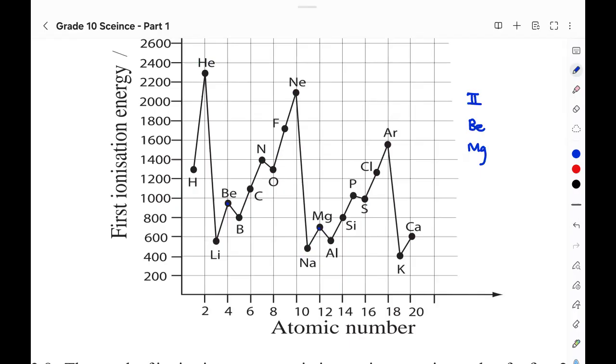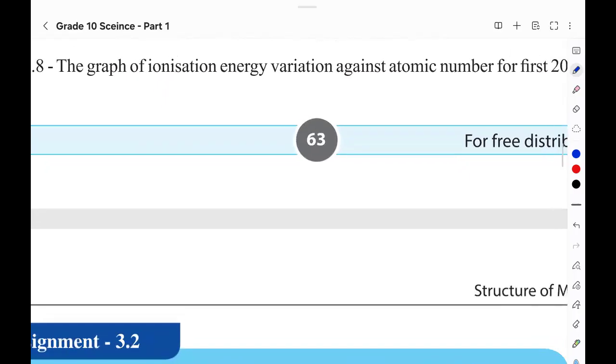The reason is the radius. Beryllium is much smaller than magnesium, therefore it is hard to remove an electron, so its ionization energy is high. Look at all the groups: nitrogen, phosphorus, fluorine, chlorine, neon, argon, lithium, sodium. Always the first element in the group has the greatest ionization energy. Down the group, ionization energy values decrease.